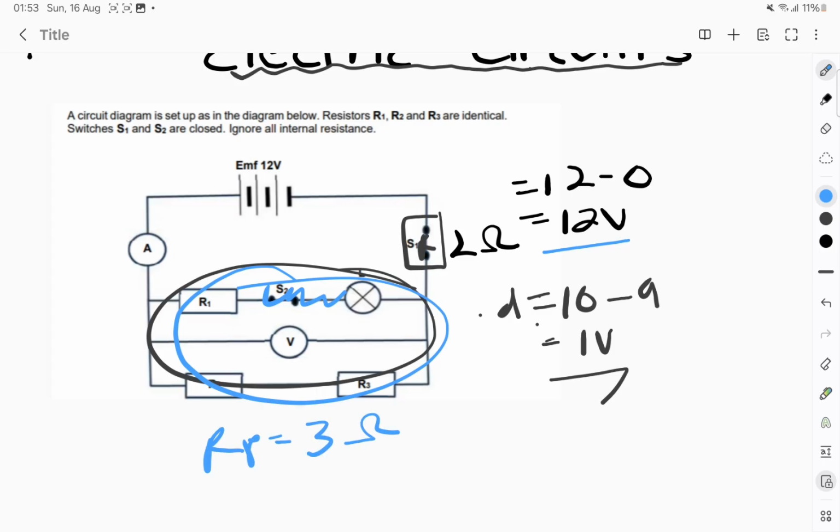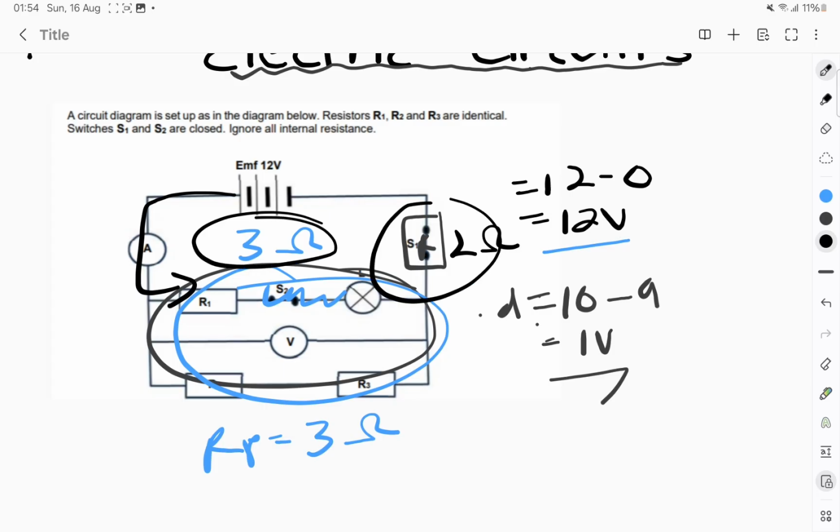Okay, from here it helps me to treat this as one resistor, because I can say, okay, this entire thing is 3 ohm. Now if I wanted to understand how the voltage is shared, I know that the voltage is going to be shared between 3 ohms and 2 ohm. What am I going to do? I know that, in my mind, the more resistance, the more voltage is used up.